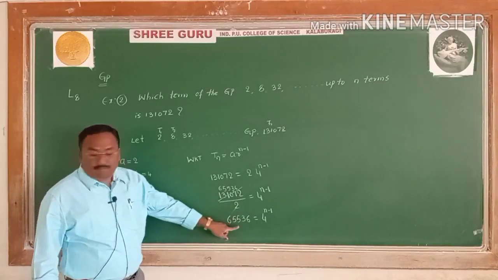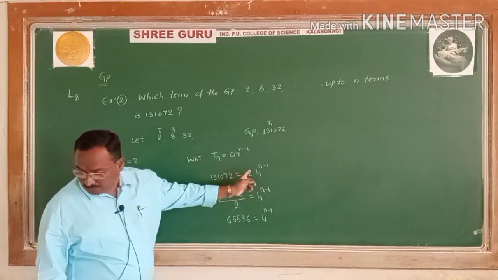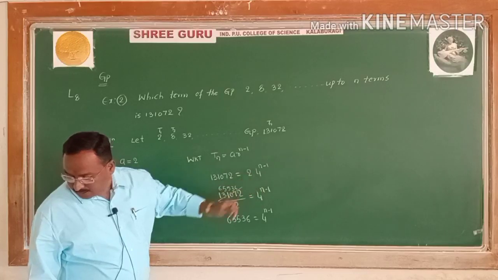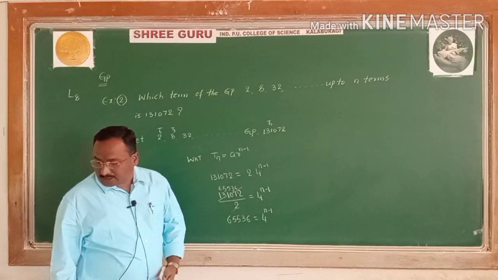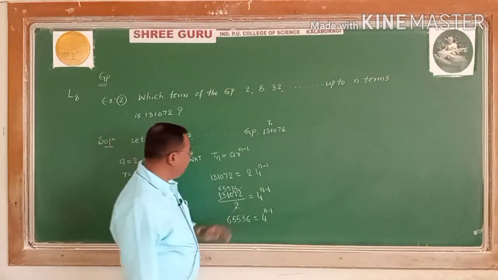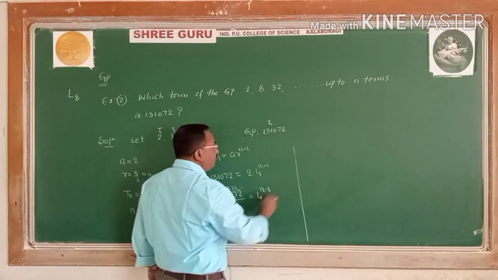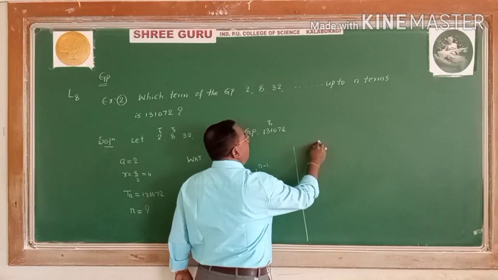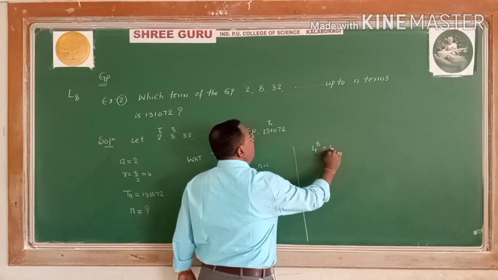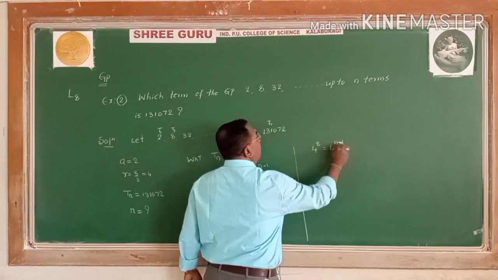Here, how many? 4 to the power 8. This can be expressed as 4 to the power 8. This index converted: 4 to the power 8 is equal to 4 to the power n minus 1.